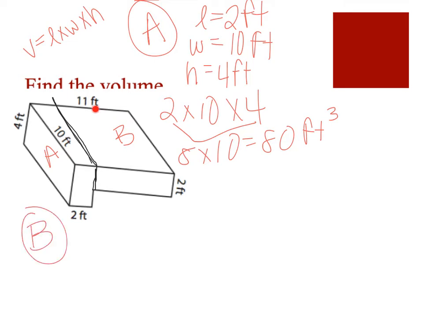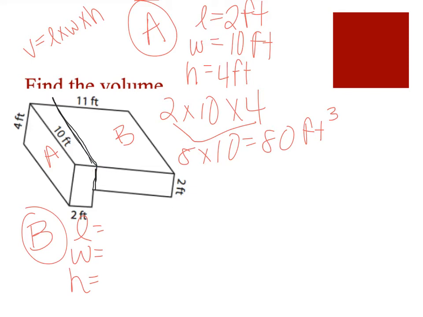And so figure B is this figure right here. Okay, so let's figure out what our length, width, and height is for figure B. Now, for this one, we might have to use some critical thinking in order to figure out what all these measurements are. So first of all, our length is how long the figure is.